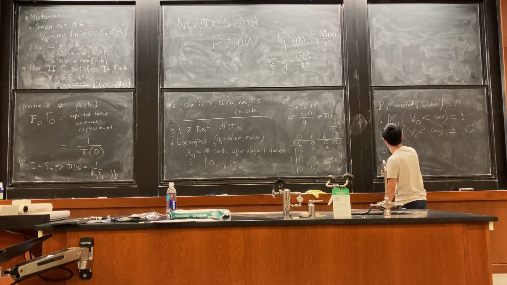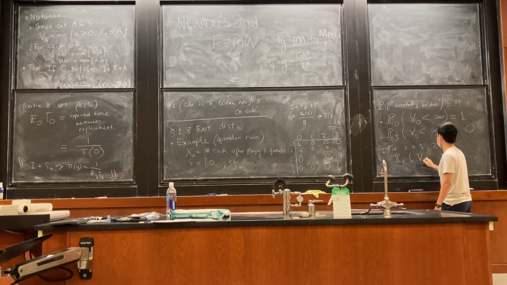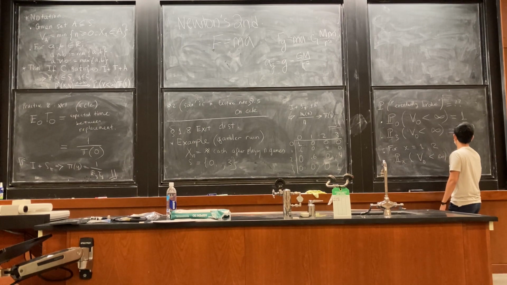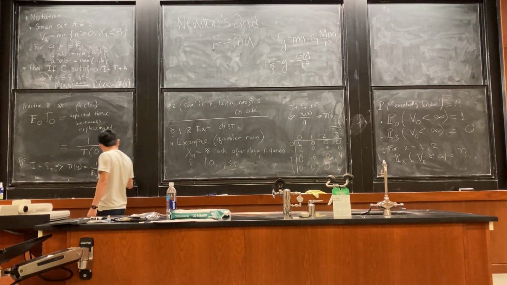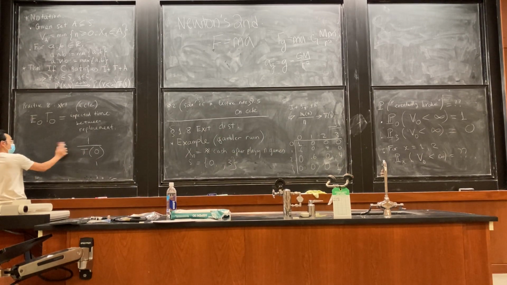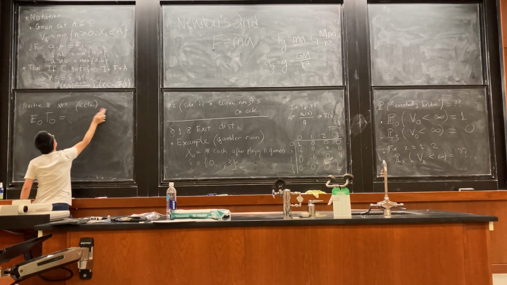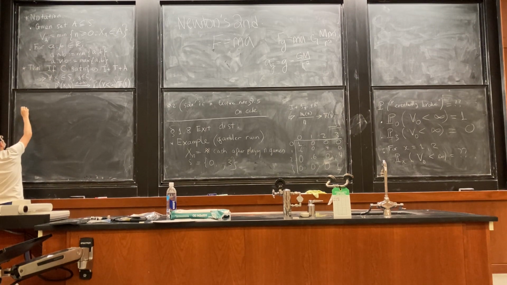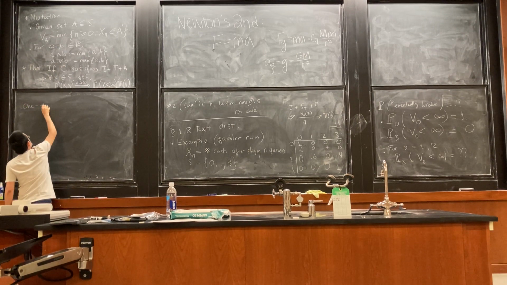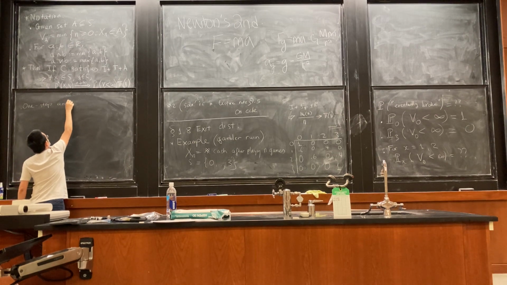So for x being either 1 or 2, I want to know, starting from x, V0 less than V infinite. And the idea over here is the so-called one-step analysis.